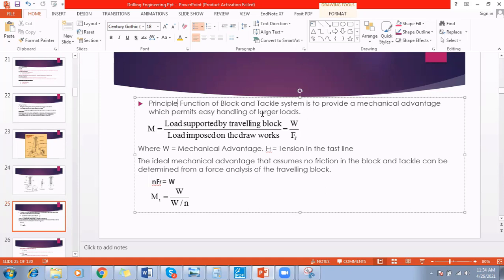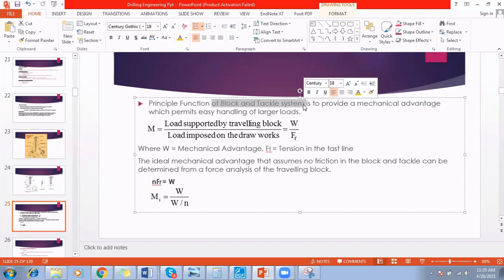Now there is a term that is the mechanical advantage. Mechanical advantage is a term that is used to explain the handling or the ability of the block and tackle, that how much load can be lifted with the block and tackle system.